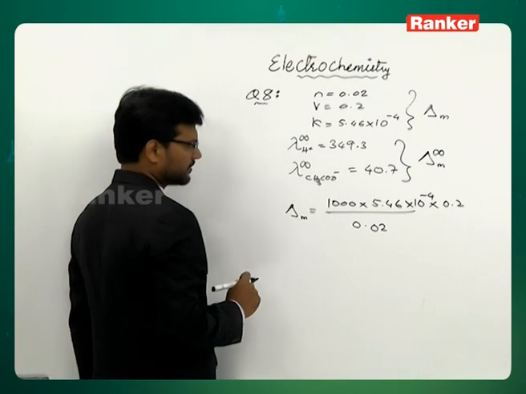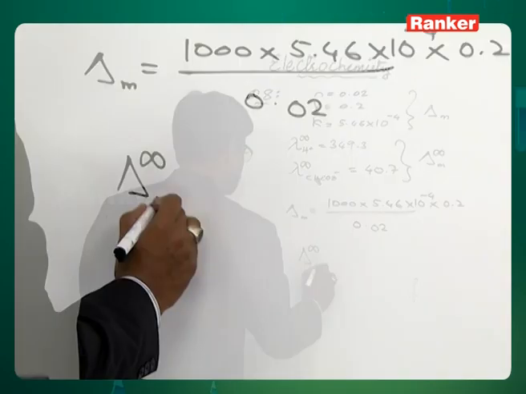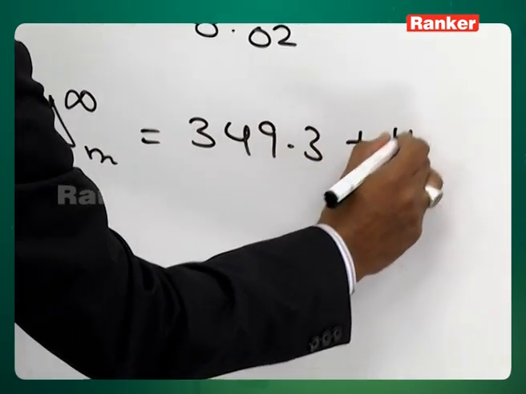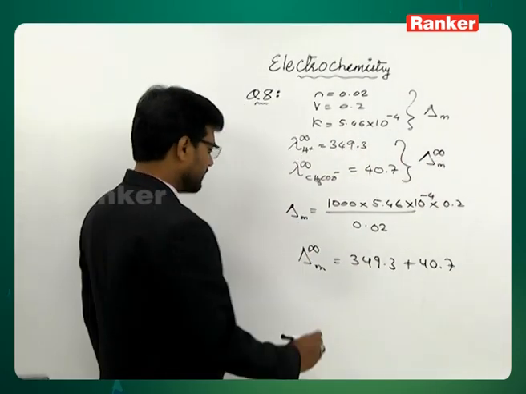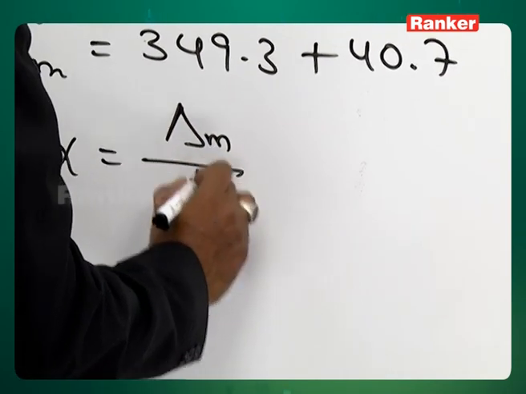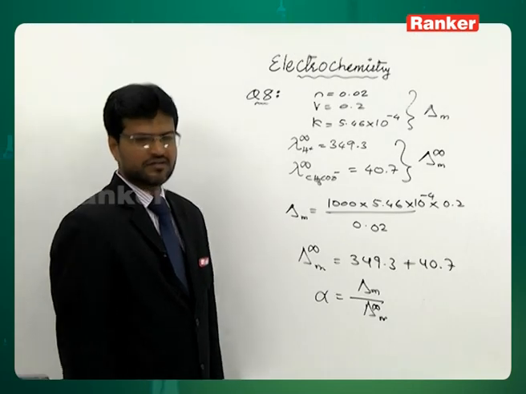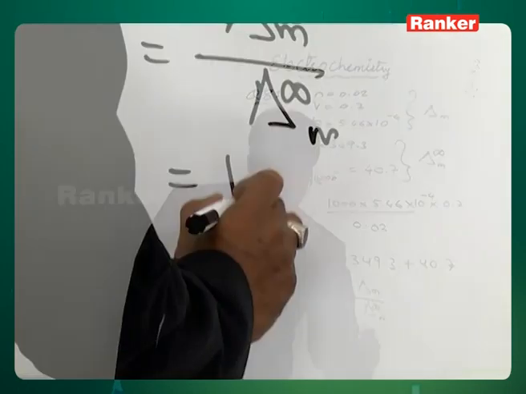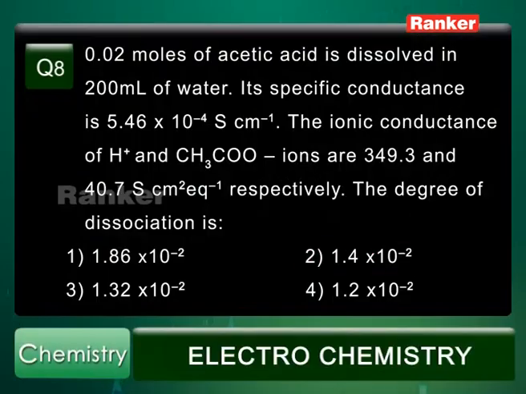This gives molar conductance. Molar conductance at infinite dilution is 349.3 plus 40.7, which gives lambda infinity. Alpha equals lambda m by lambda infinity. If you substitute the values, you get 1.4 into 10 raised to minus 2. So the correct answer is the second option.